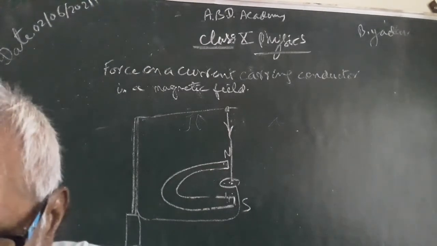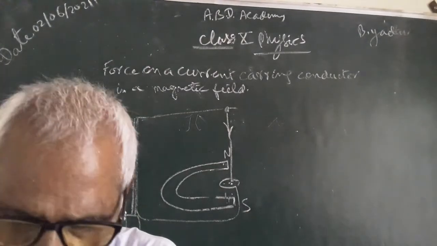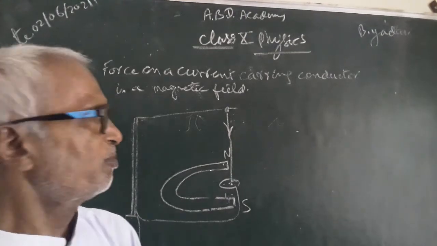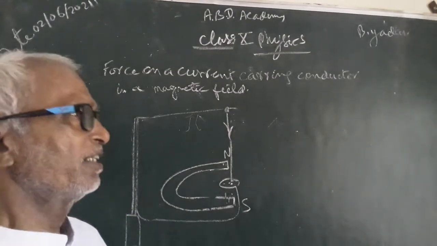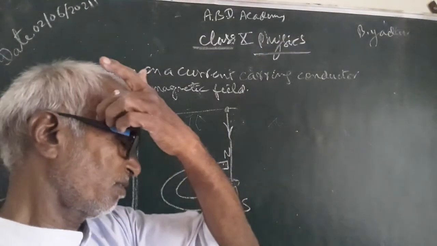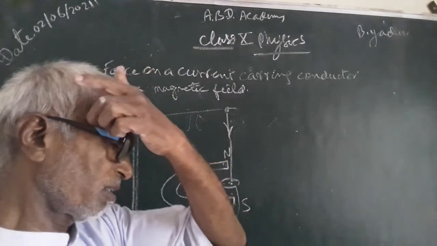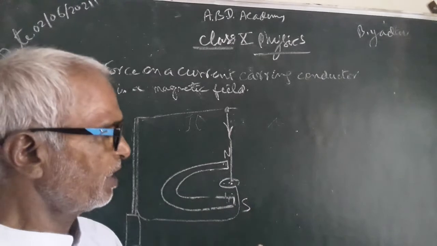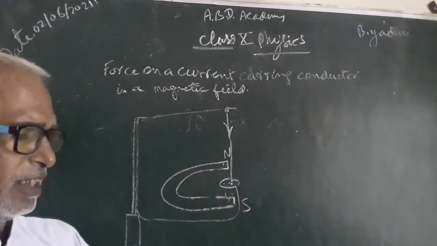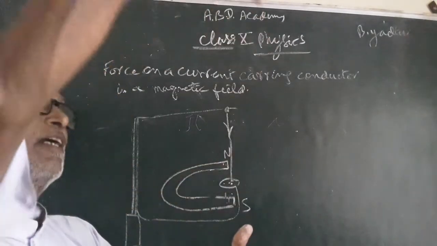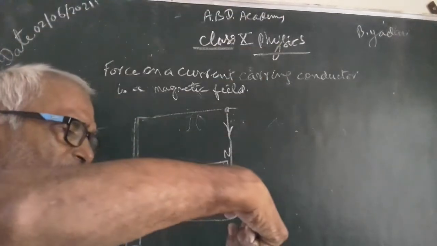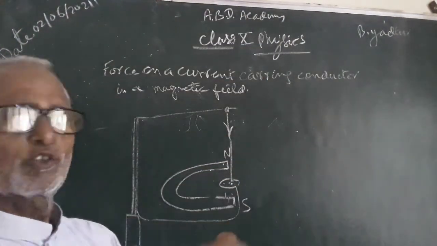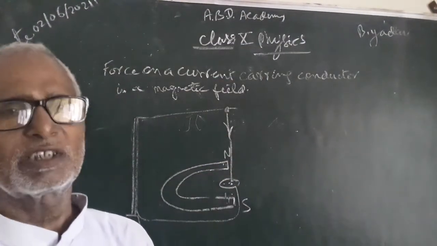So students, here we shall take that suppose the magnetic field is horizontal and the wire comes from vertical position. So two things are here, magnetic field and current. The magnetic field is horizontal and the electric current is vertical, so the two are perpendicular to each other.